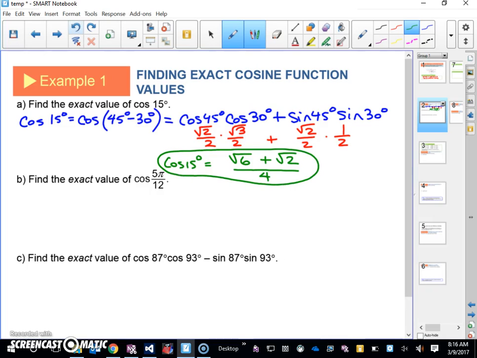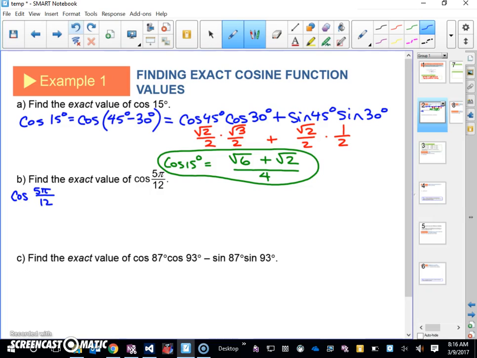Now the exact value of cosine 5 pi over 12 is a little bit harder. It's harder because we're not as good with radians and fractions, but it's still the exact same concept. If we're looking at cosine 5 pi over 12, we want to make that into a sum or a difference.